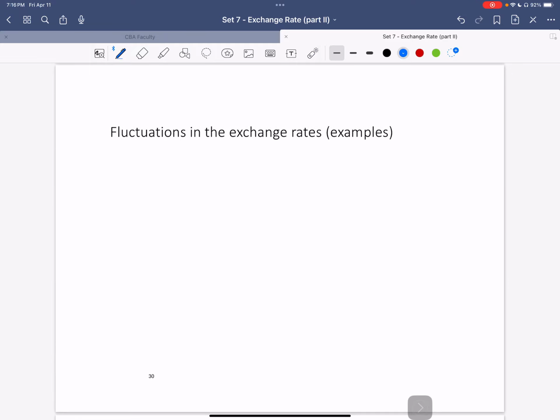Earlier we discussed that the nominal exchange rate is the rate at which we can exchange the currency of one country for the currency of the other country. For example, 1 US dollar in 2024 was equal to 1.35 Canadian dollars.